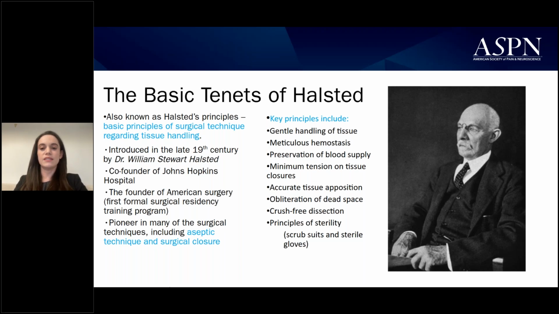And the basic tenets consist of 8 main principles regarding aseptic technique and surgical closure. These include gentle handling of tissue, meticulous hemostasis, preservation of blood supply, minimum tension on tissue closures, accurate tissue apposition, obliteration of dead space, crush-free dissection, and principles of sterility.